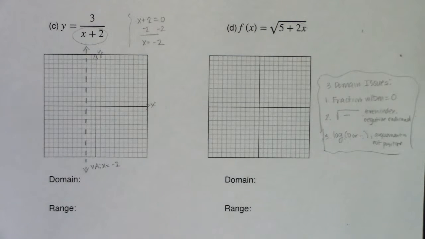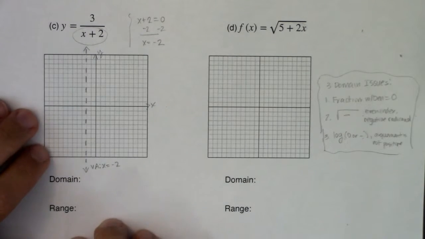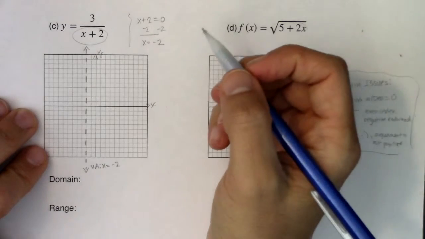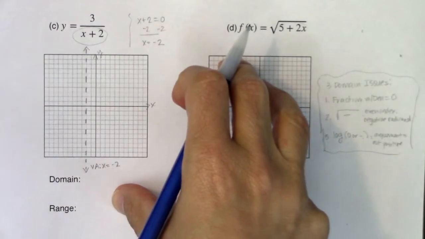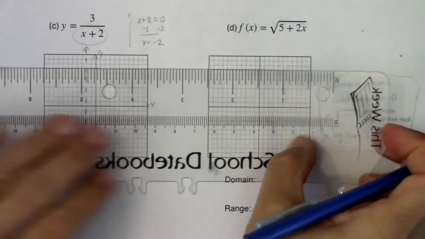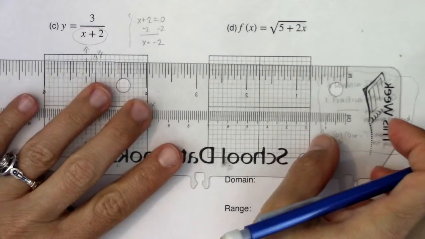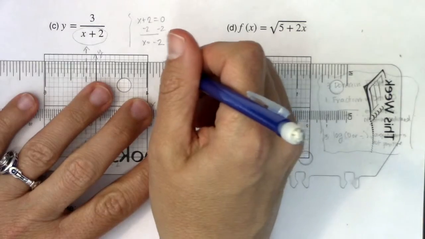Now, if you don't have any idea what your graph looks like, you can always graph some ordered pairs. I'm going to try and squeeze it in here just because I'm running out of room. So let me make a little t-chart.